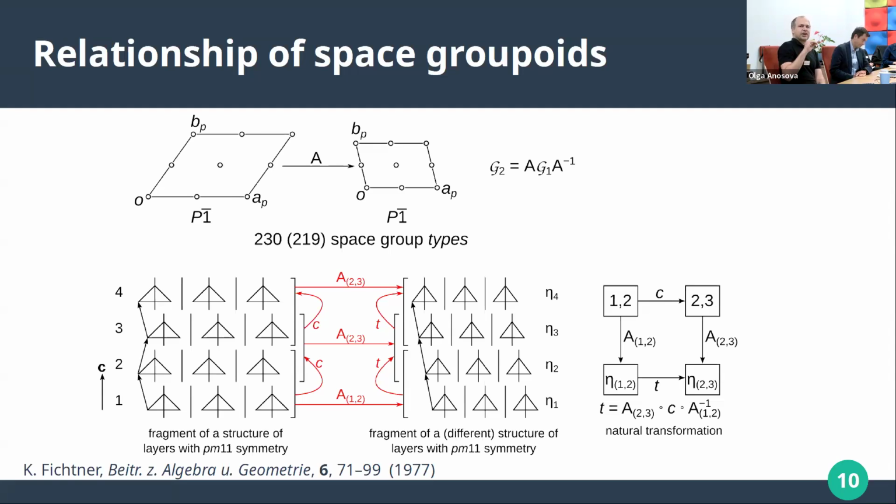And what we demand is that if we apply an affine transformation and then an operation on the right, it must be the same as if we apply an operation on the left and then the affine transformation. Right? And this you can show by this diagram here.